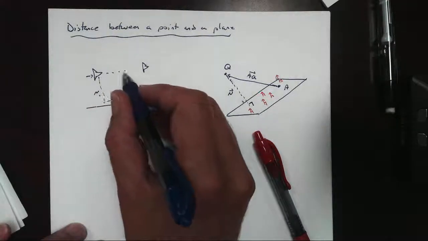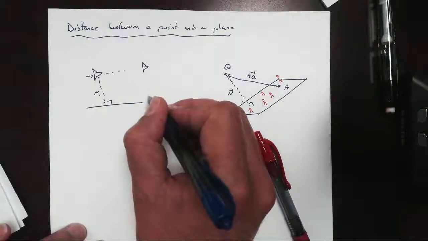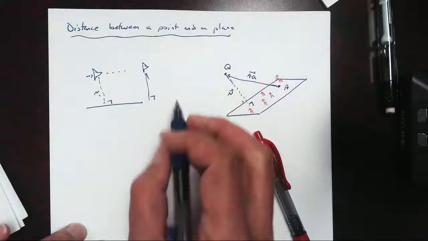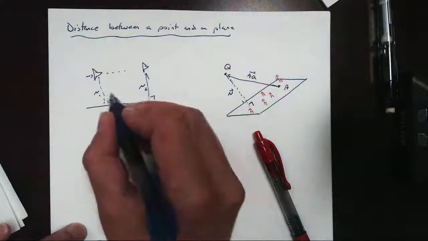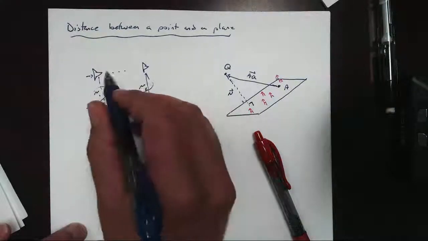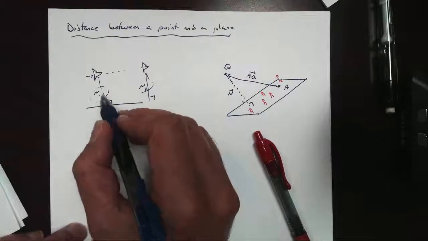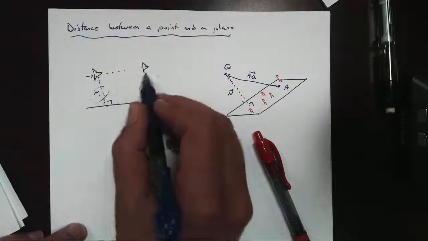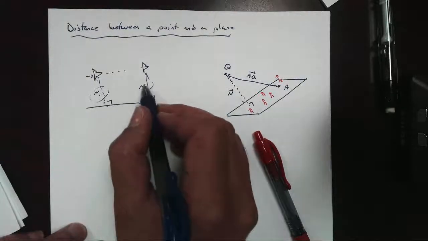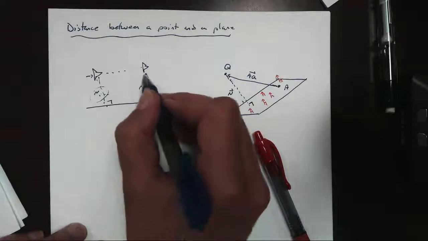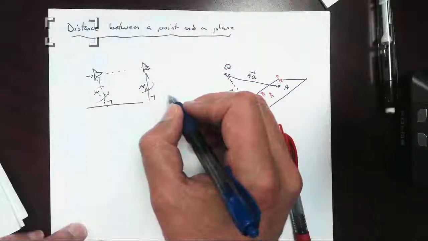Well, as the airplane moves, I get another norm. Now, what do you notice about these two norms? They're exactly the same. As long as that airplane never changes altitude, the distance from the ground to the plane never changes. So it really doesn't matter where we put that norm. The height, the altitude never changes.